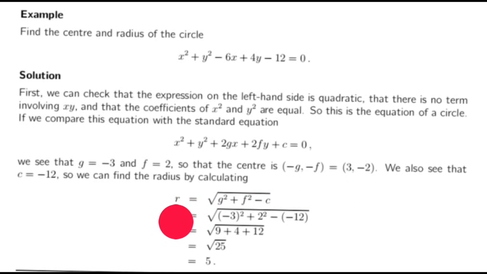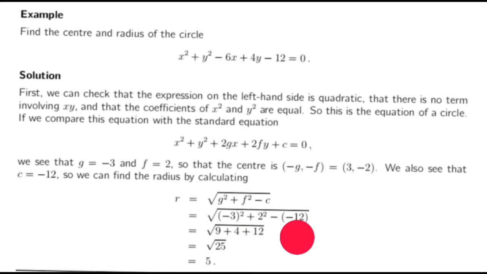The formula for calculating radius is square root of g square plus f square minus c. Square root of g, minus 3 whole square, f square 2 square, minus c means minus 12. Minus 3 whole square equal to minus 3 into minus 3, 9. 2 square equal to 2 into 2, 4.